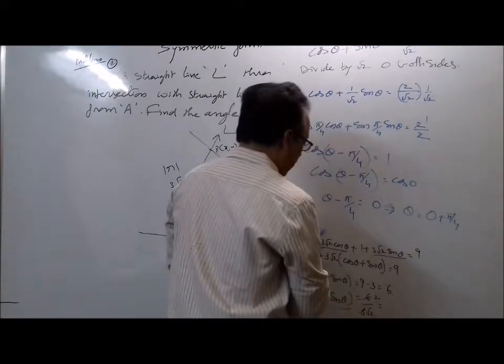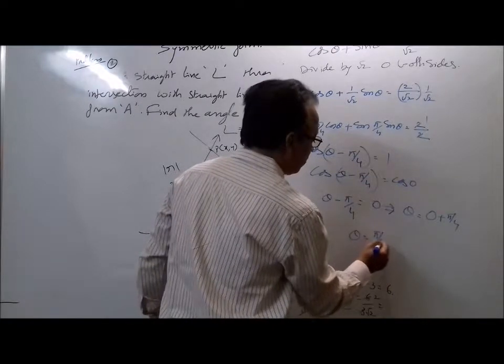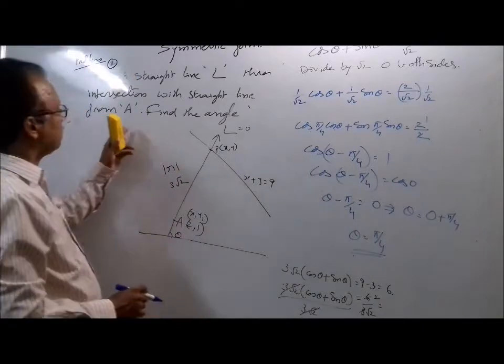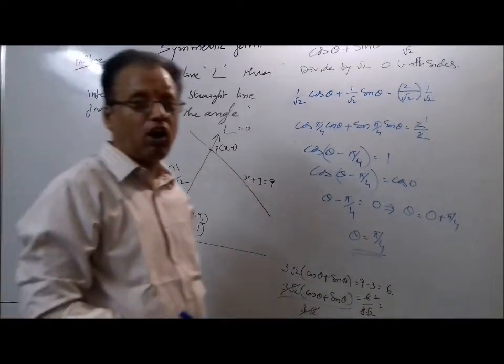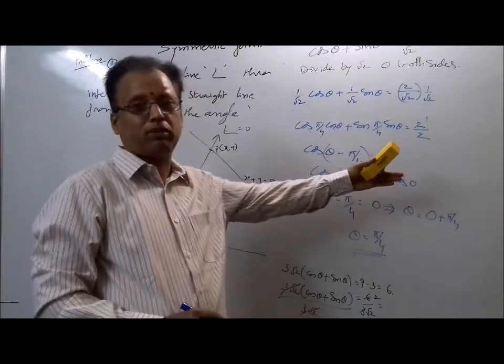So theta is equal to pi by 4. Like this, the angle can be found and the points can be found in the previous problem.